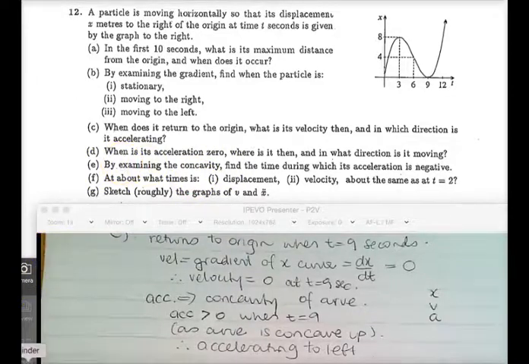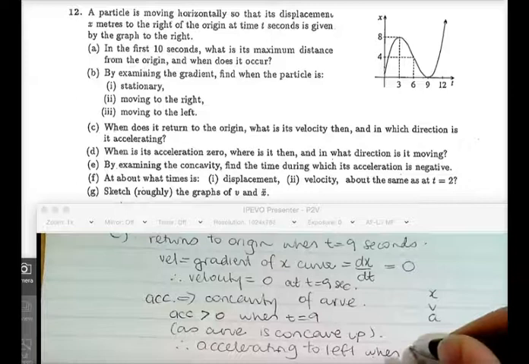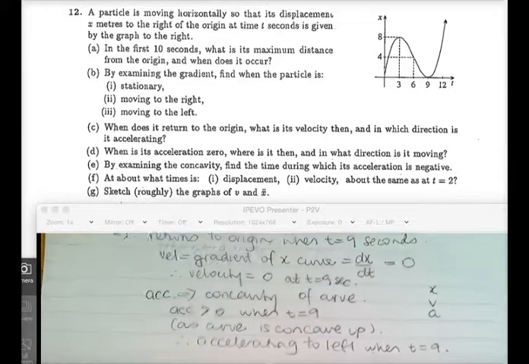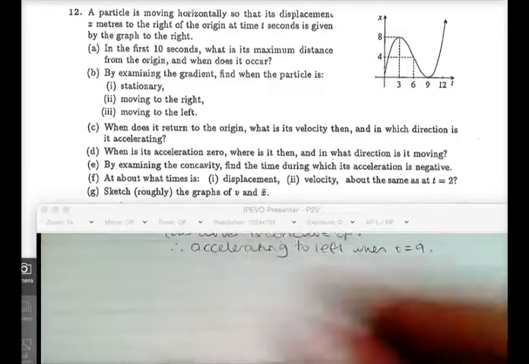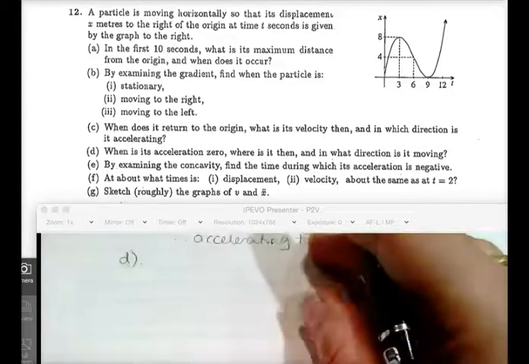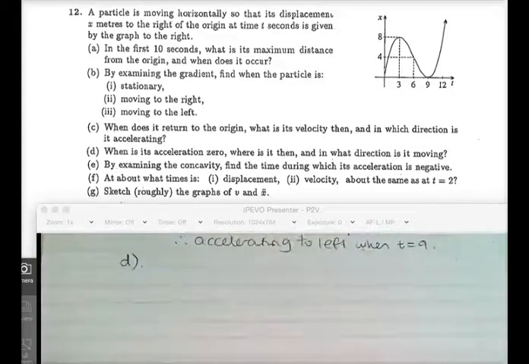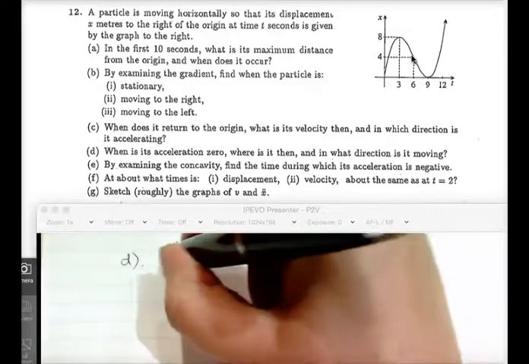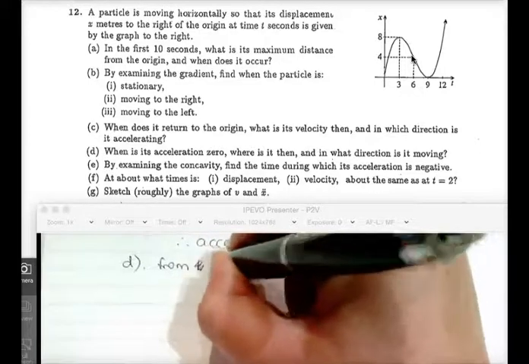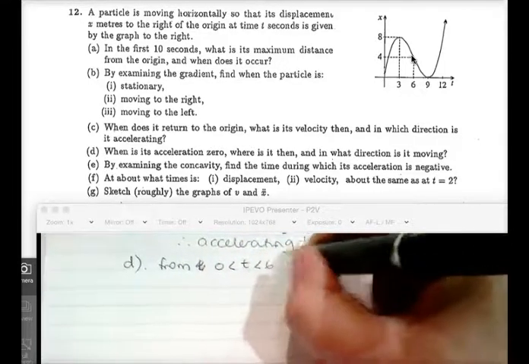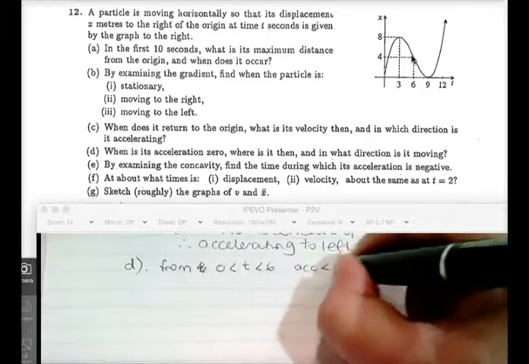Now for part E. It's accelerating to the left when t equals 9. Okay, now for part D, it says when its acceleration is 0. So if we go back and look at the curve, we've got concave down, which means second derivative less than 0. So going from t equals 0 to 6, acceleration is negative.